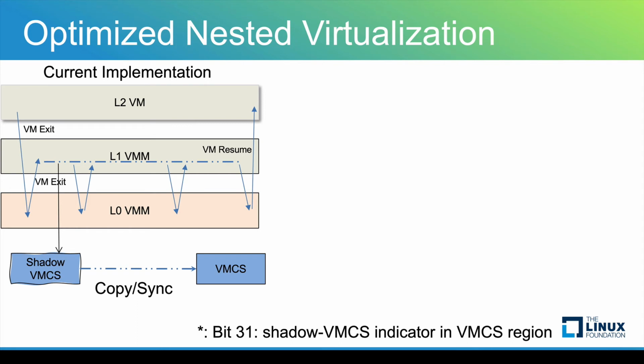Now I'll talk about more details on nested virtualization. For nested virtualization in KVM, we use so-called VMCS shadowing. The benefit of VMCS shadowing is it doesn't need to cause a VM exit upon VMREAD or VMWRITE in the L1 VMM. If the hypervisor allows the guest VMM to directly access the VMCS, then it doesn't need to generate a VM exit.